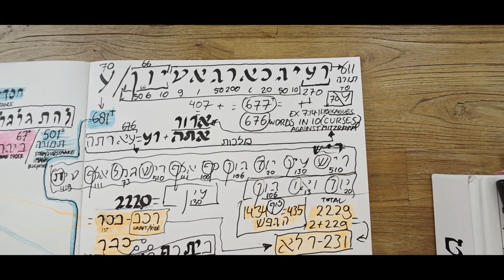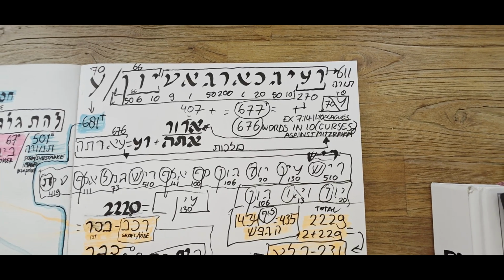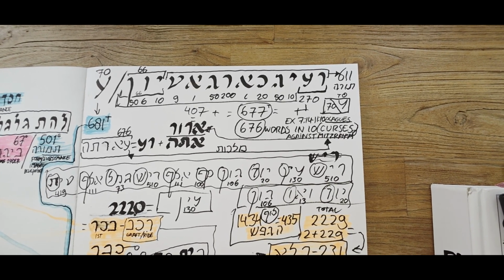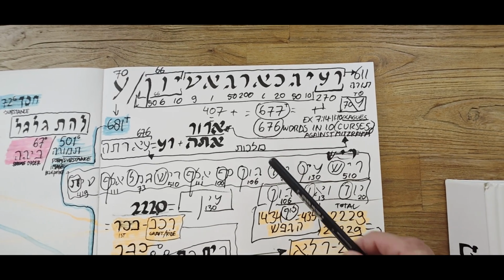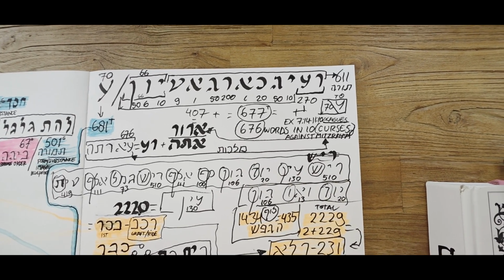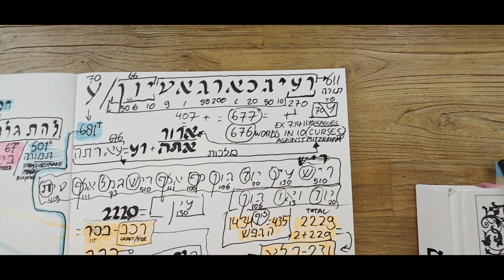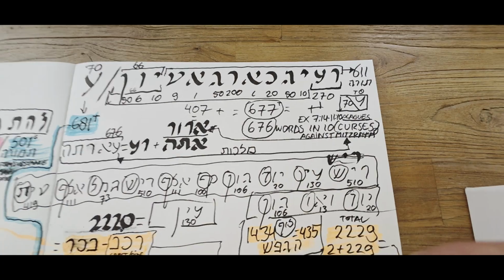Cursed was the ground. We know that from former videos and studies from the Torah, right? The ground was cursed for your sake, thorns and thistles. The video about thorns and thistles has the same calculation. They're explained in another way, connected to other words. Everything is connected.